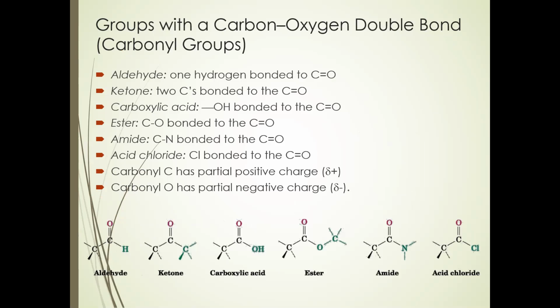Aldehyde, one hydrogen bonded to the C double bond O. Ketone, two C's bonded to the C double bond O. Carboxylic acid, OH bonded to the C double bond O. Ester, single bond O bonded to the C double bond O. Amide, C single bond N bonded to the CO. Acid chloride, Cl bonded to the C double bond O. The carbonyl C has a partial positive charge. The carbonyl O has a partial negative charge.